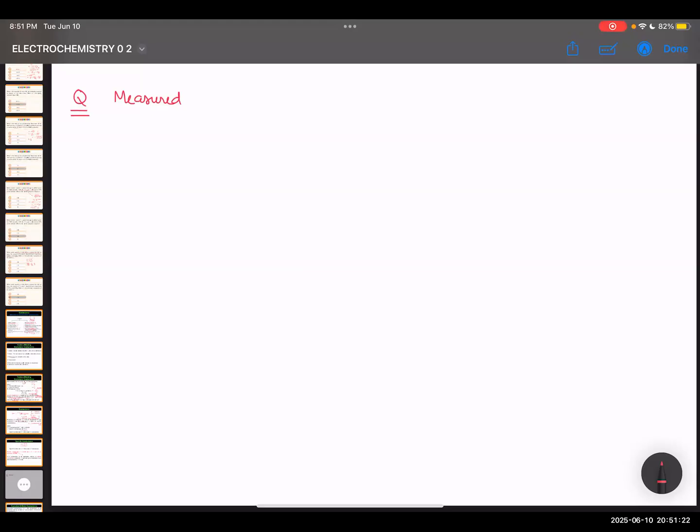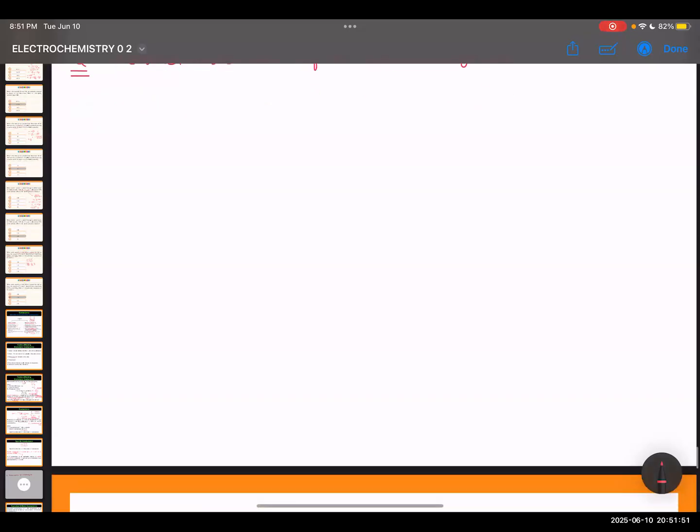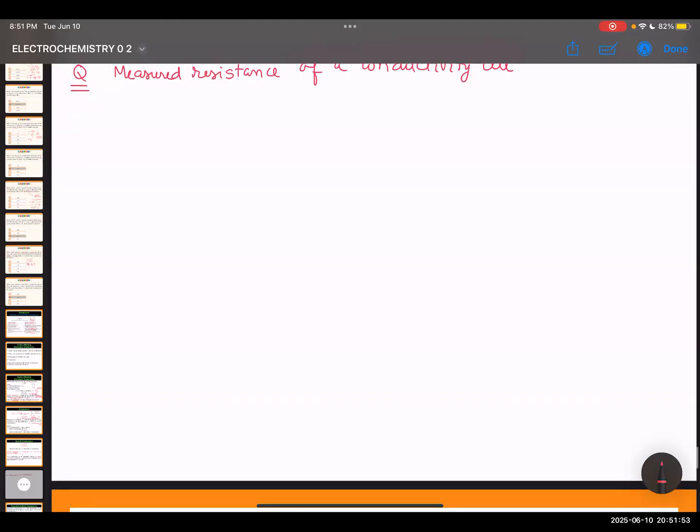The measured resistance of a conductivity cell. Cell is the container in which you are doing your experiment. Clear?